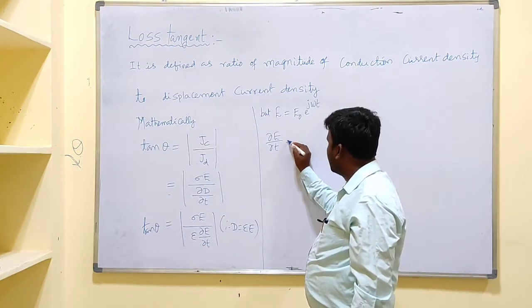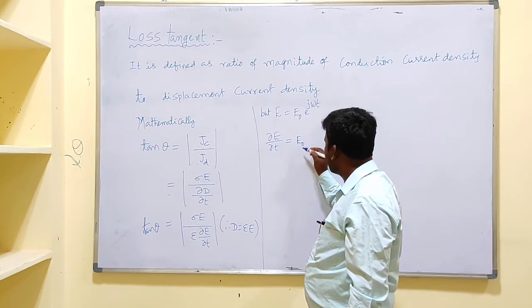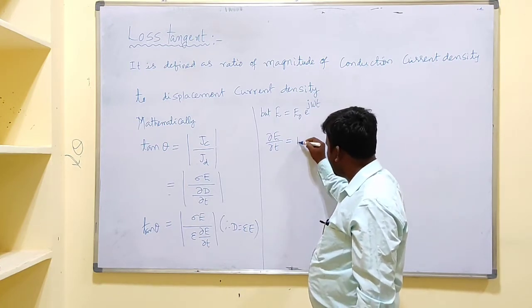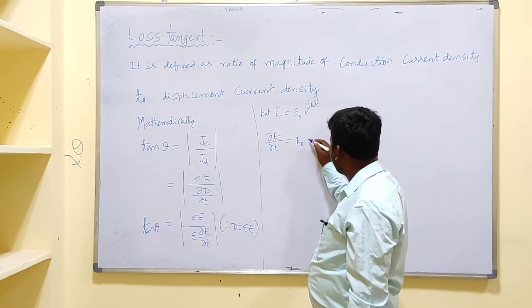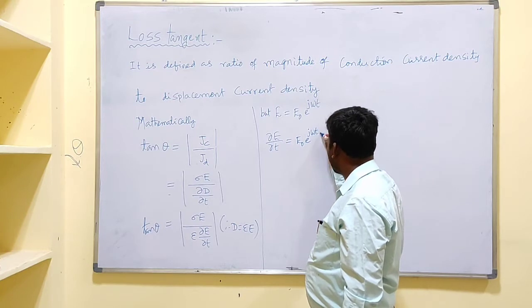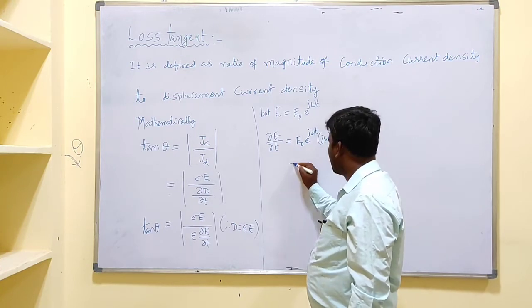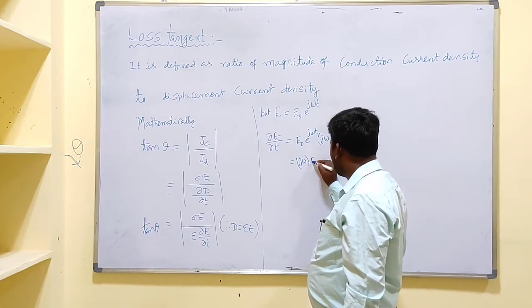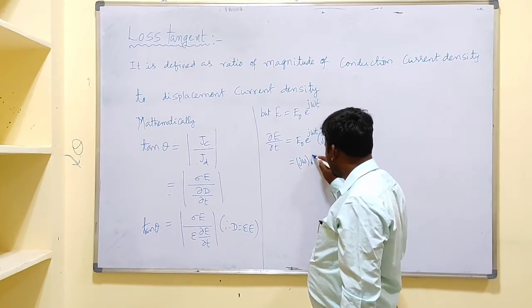Dou E by dou t: E naught is constant, and differentiation of e to the power j omega t gives j omega, so it equals j omega into E naught e to the power j omega t, which is nothing but our E.